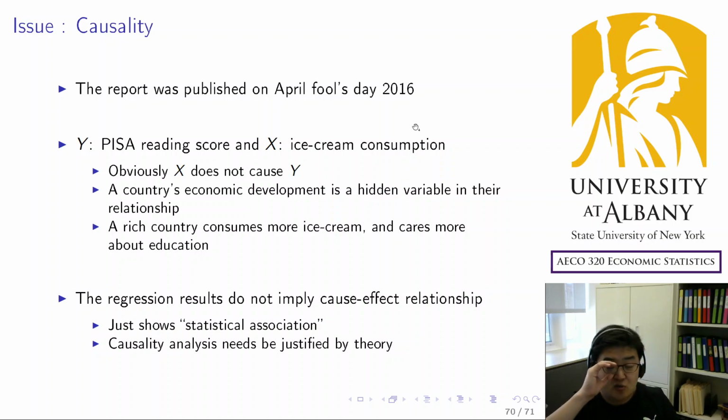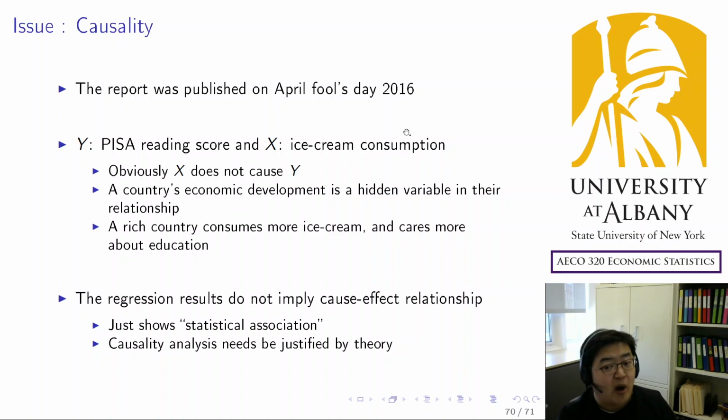Affluent countries will consume more ice cream, and affluent countries will spend more money on education and are more concerned about education, reading scores, right? Developing countries cannot consume ice cream and cannot spend money on reading for young kids. So that's why they are strongly correlated.